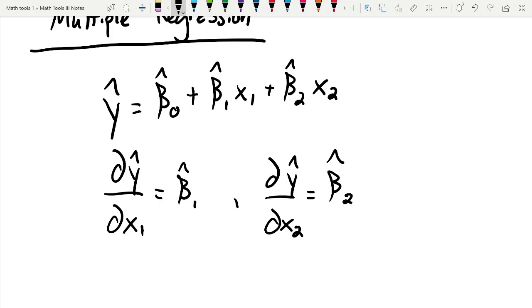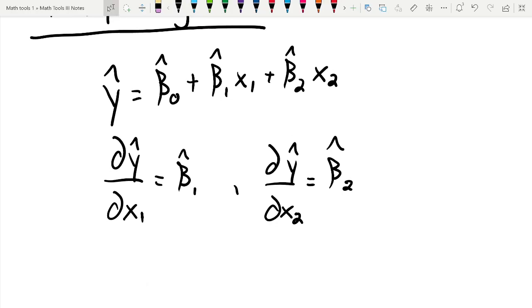Okay. So this tells us that as x2 changes, y hat is changing by this amount, assuming we're keeping the other things constant, because that's what the partial derivative is, right? It's telling us how much x2 changes y hat as you hold x1 constant. Okay, so same interpretation because they are the same thing.